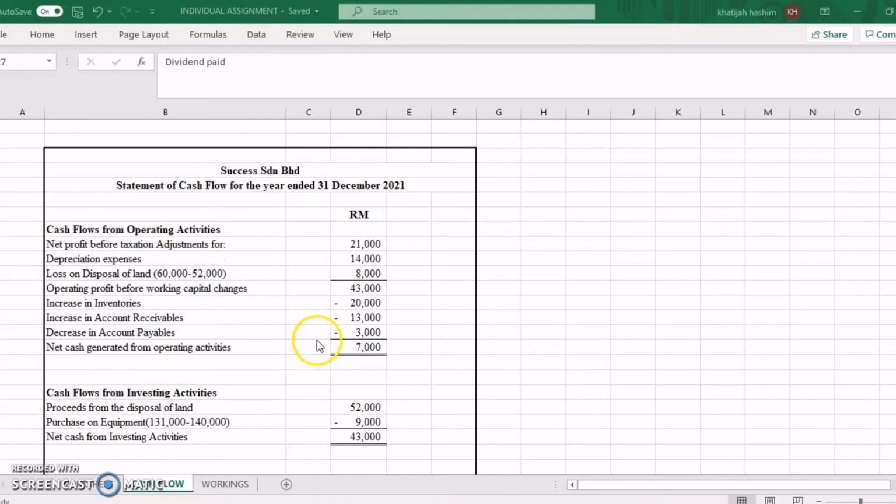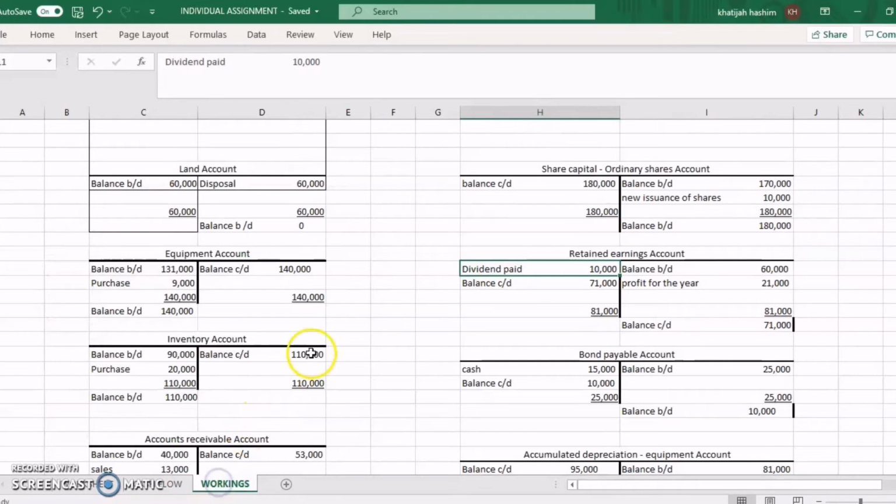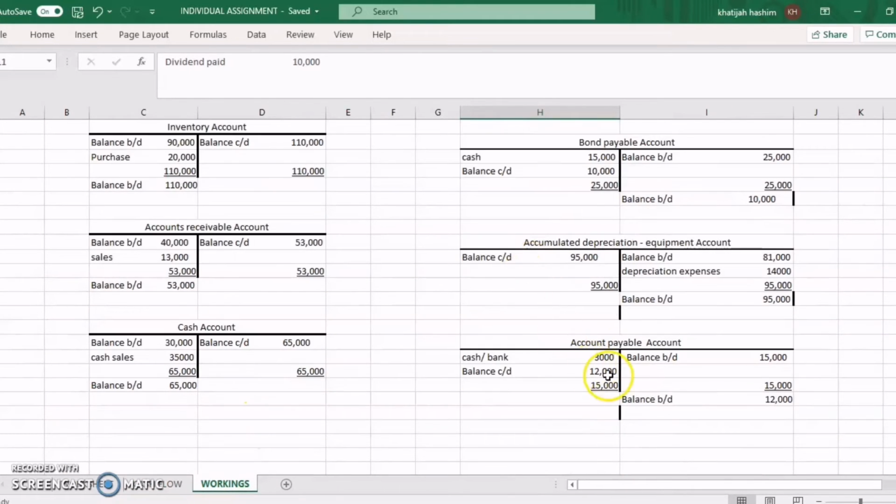Now we proceed to the statement of cash flow. Success Sdn Bhd statement of cash flow for the year ended 31st December 2021. There is a net profit before taxation adjustment of 21,000, which we got from the additional information. Depreciation expense of 14,000 we got from the reconciliation item and also the working in the T account.